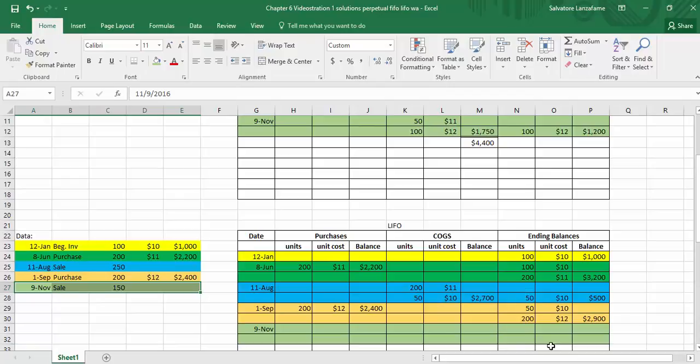Which 150 are we selling? Last ones in are the first ones out. So refer back to the last date, and the last ones that came in were the $12 ones. So we're going to get rid of 150 of those. So 150 at 12 is what those are costing us to sell.